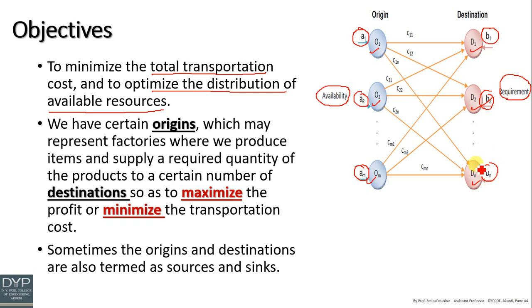So we have certain origins which may represent factories where we produce items and supply a required quantity of the products to a certain number of destinations. So our objective is to minimize the transportation cost to maximize the profit. Sometimes the origins and destinations are also termed as the sources and sinks.